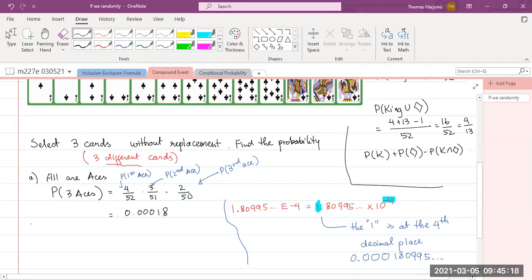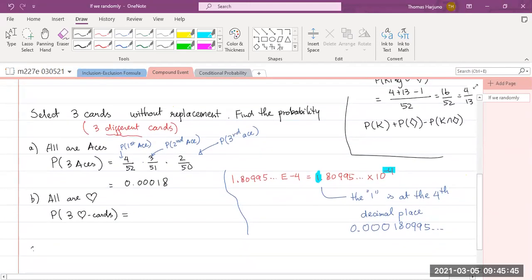Now your turn. Can I ask you to find the probability that all are hearts? So that's the probability of getting 3 heart cards. Equals what? Now how about the probability of getting Jack, then Queen, then King in that order?